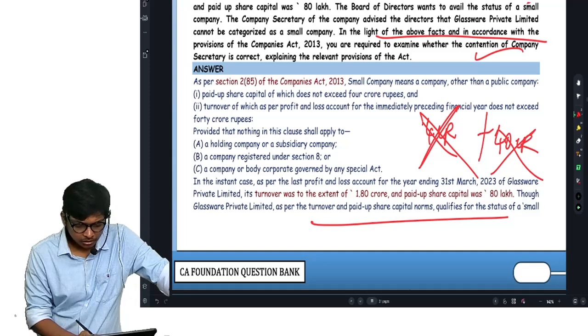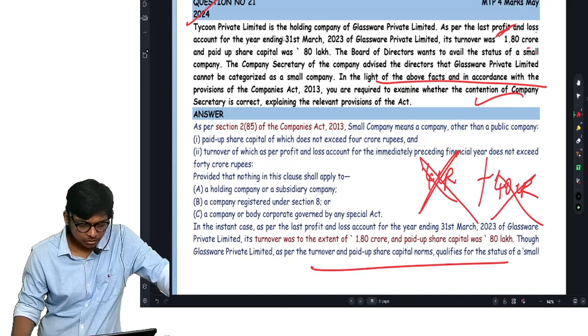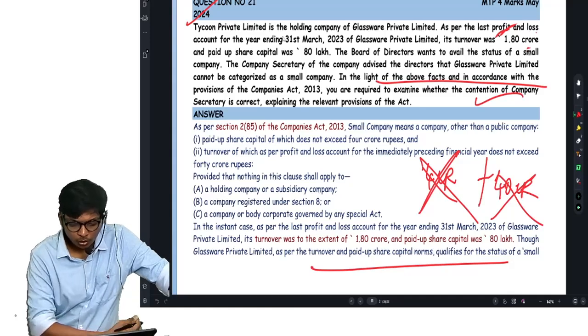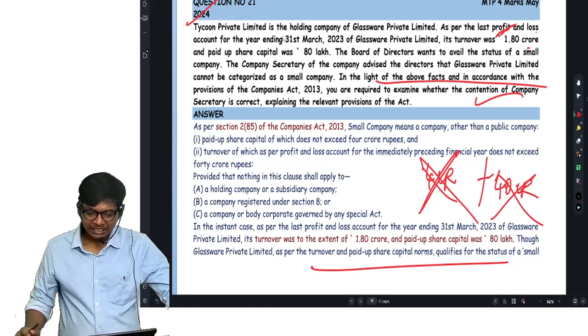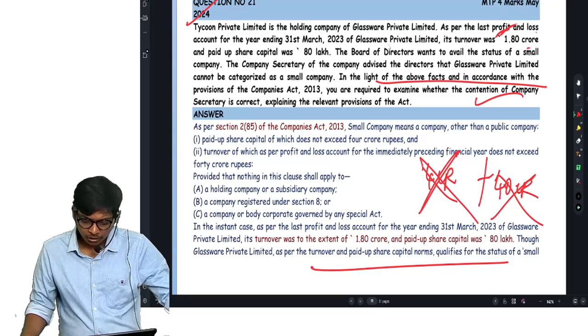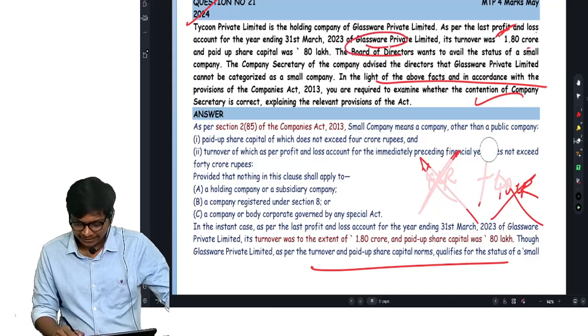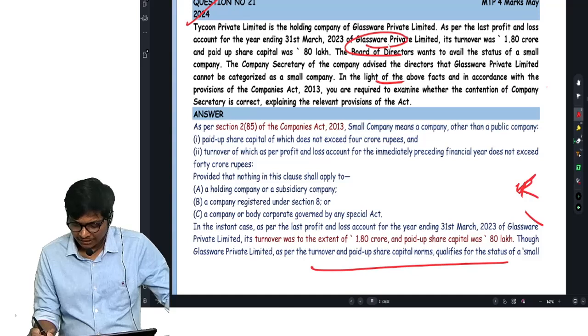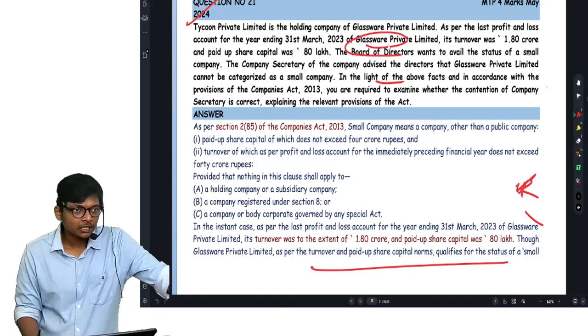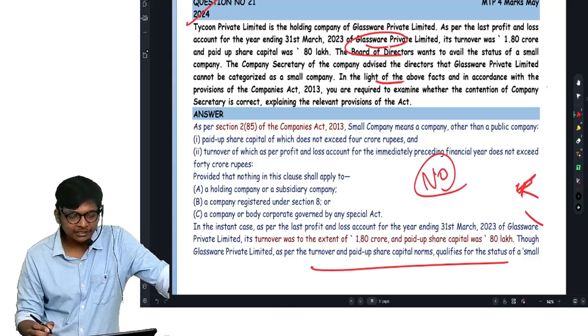Tycoon is the holding of Glassware. This is Glassware. We didn't read the question fully, guys. Is this a small company? Answer is no. Actually, it is no.